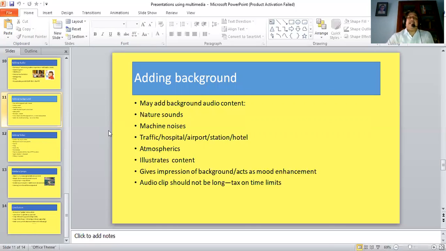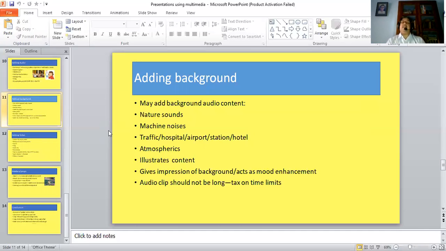So various noises like this, noise of busy traffic on the roadway, hospital, the noises over there, at the airport, where we have a lot of din in the airport lounge, the tremendous din in the platform of a railway station, where we have trains arriving, going, a lot of announcements, people coming and going, hawkers selling their wares, the murmur of people's voices in the hotel lobby.